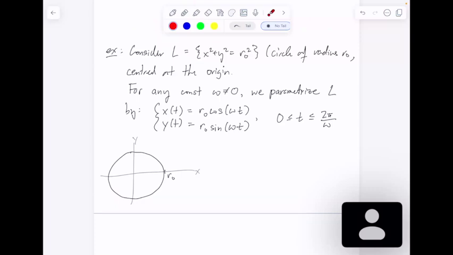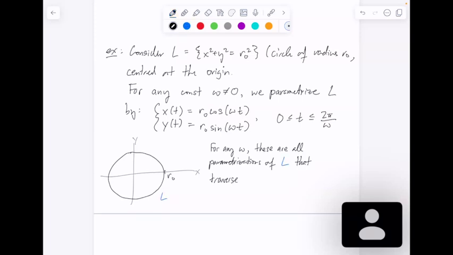These are all valid parameterizations of the entire circle that go around once. For any omega, these are all parameterizations. Let's call the circle C. Oh, well, I called it L. So these traverse L once.